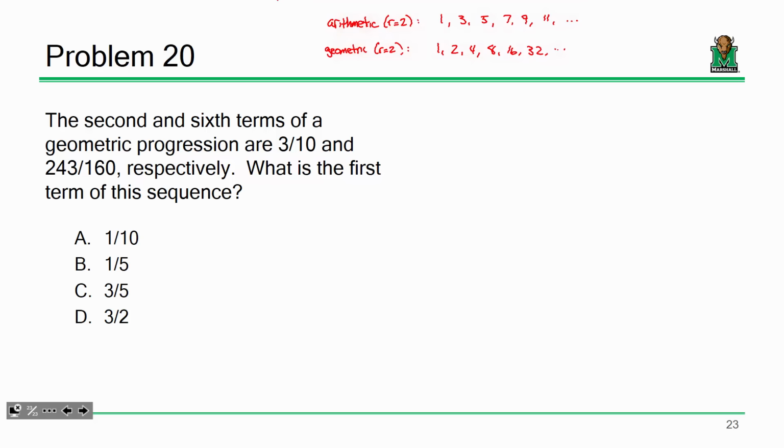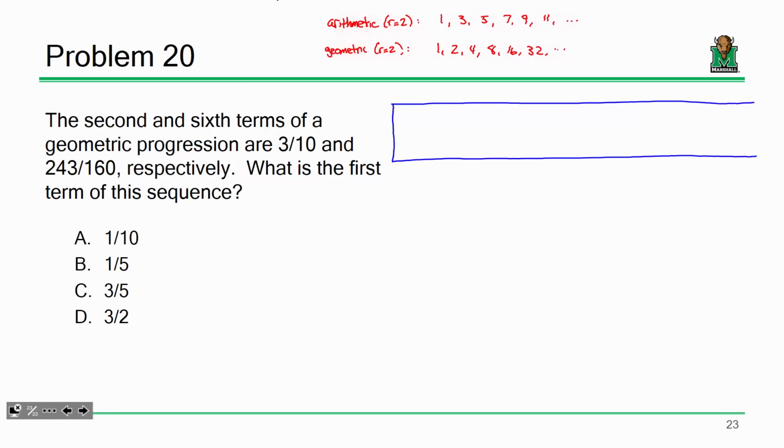Okay, so here's what's going on. I'll erase this.